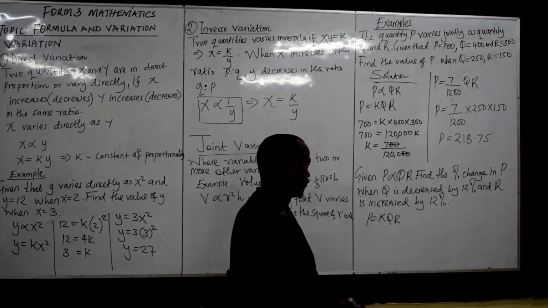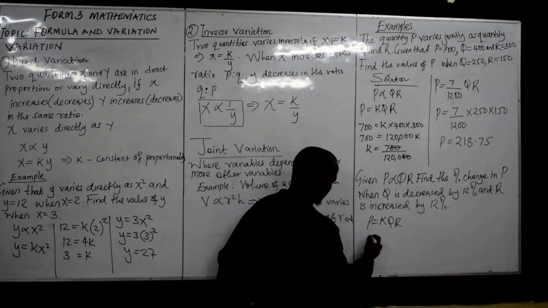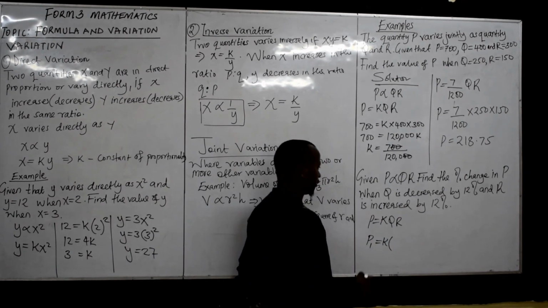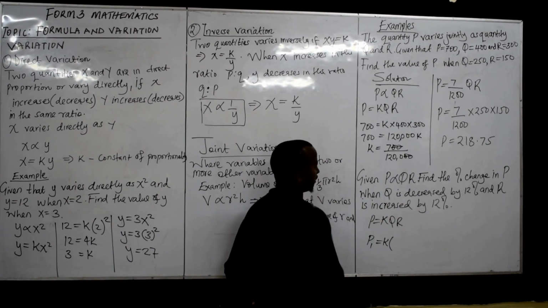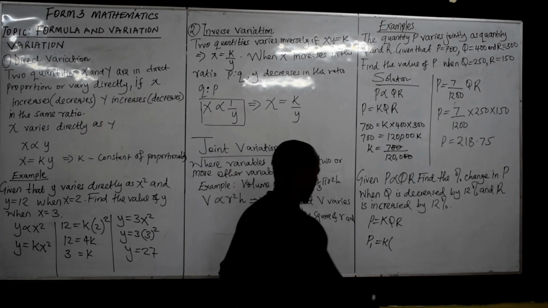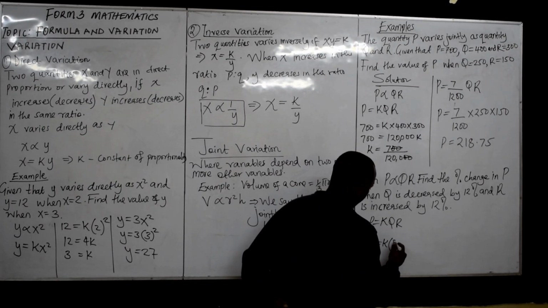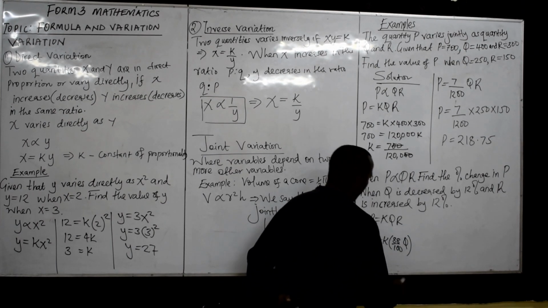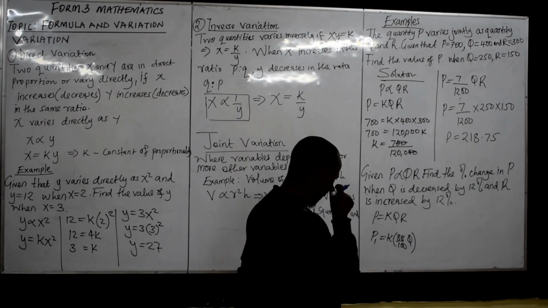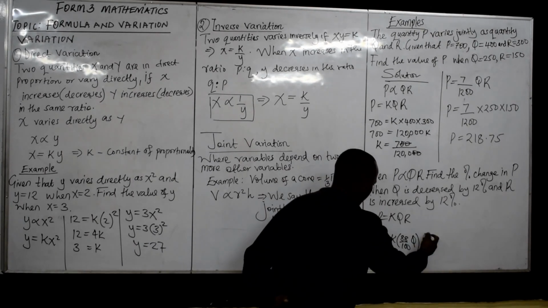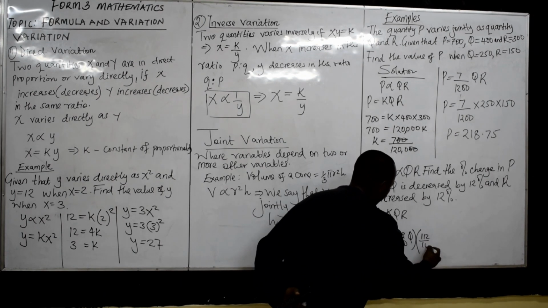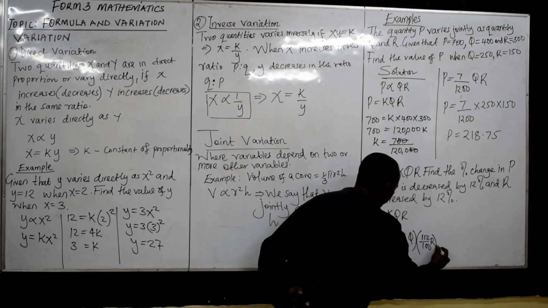So we want to form a new P. We can denote this one by P1, and this will be equivalent to K. Q is decreased by 12%. Therefore, Q will be 88%, so 88 over 100 Q. And R is increased by 12%. Therefore, the new R will be 112 over 100 R.